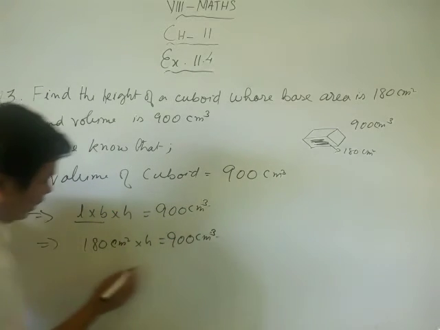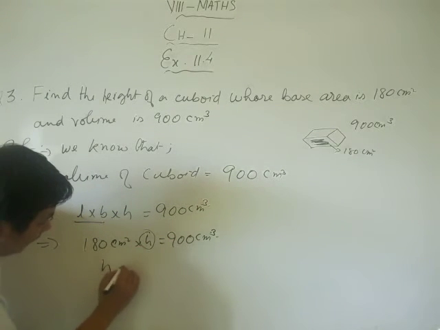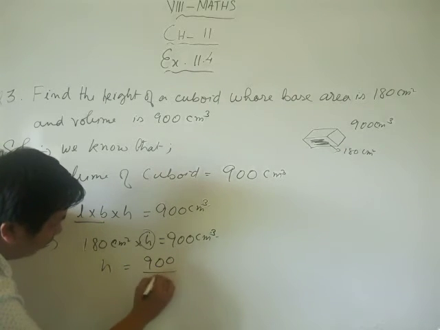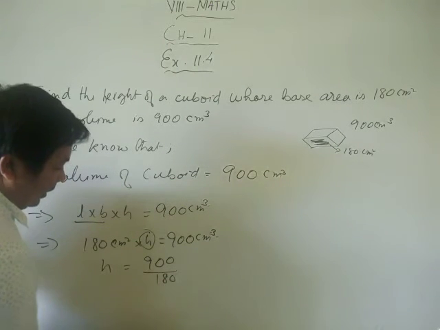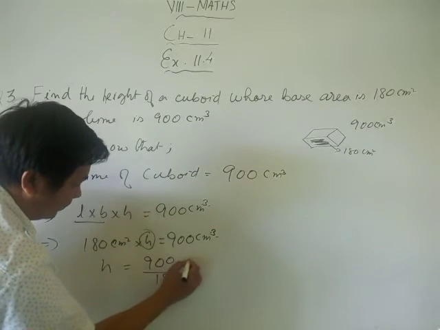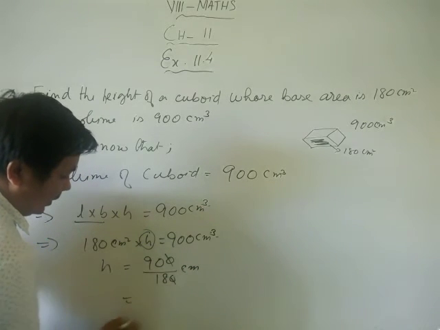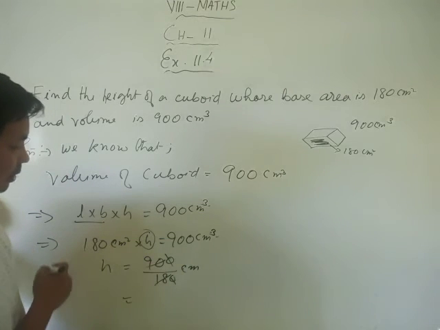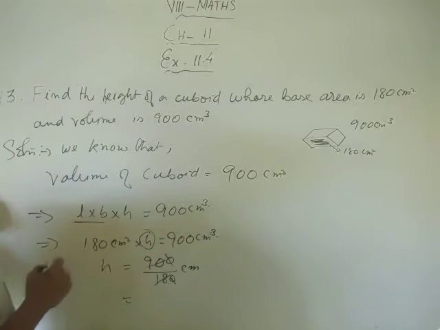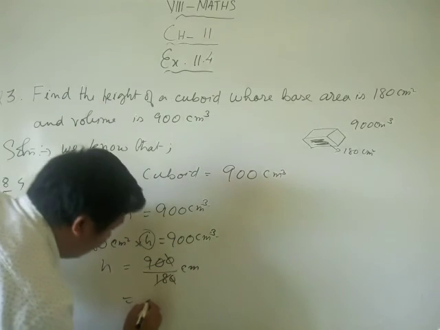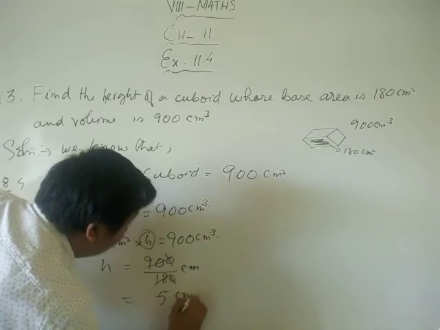So this height we are going to find out. Height h is equal to 900 divided by 180. The centimeter square will cancel, so we are getting centimeter. 18 fives are 90, so we get 5 centimeter.